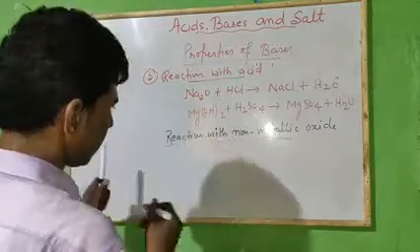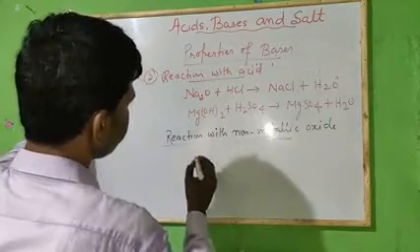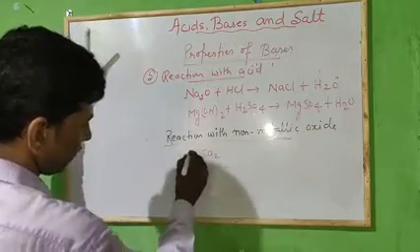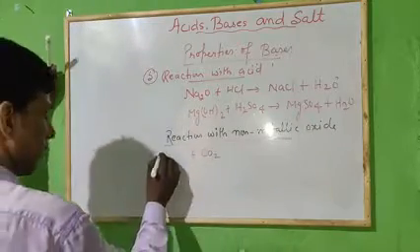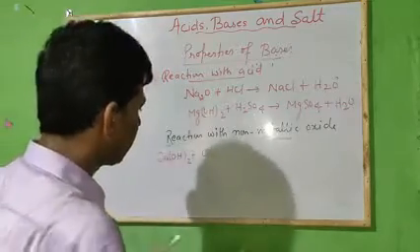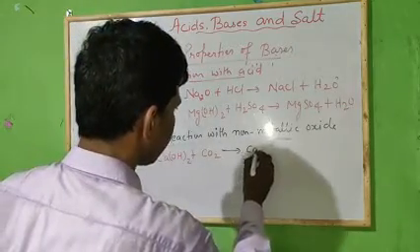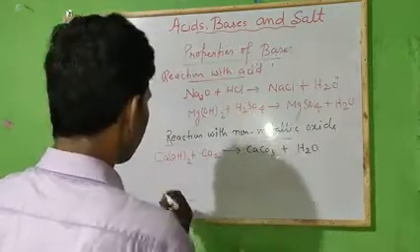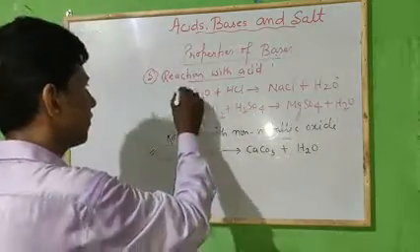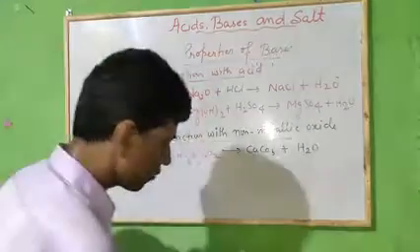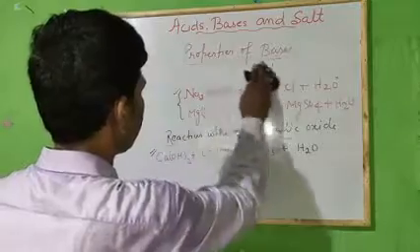Carbon dioxide is a non-metallic oxide. When you allow this non-metallic oxide to react with a base, calcium hydroxide, there will be formation of calcium carbonate plus water. So this reaction is very important. These two reactions also try to learn. The next is reaction with metal.